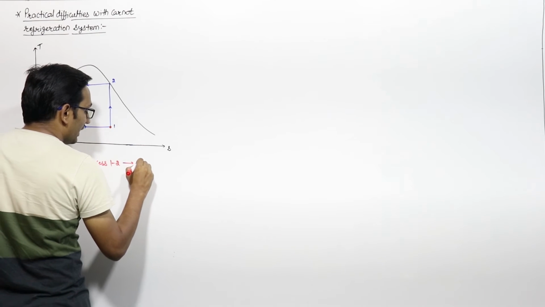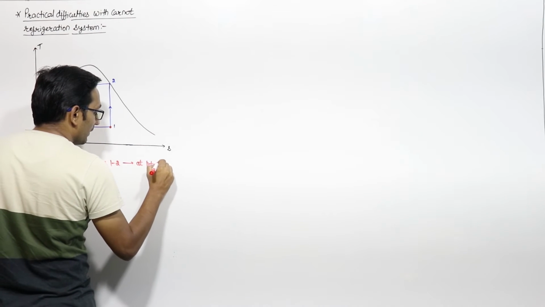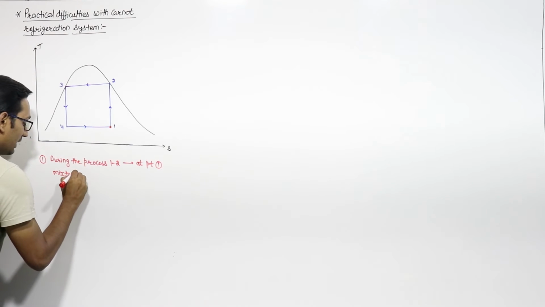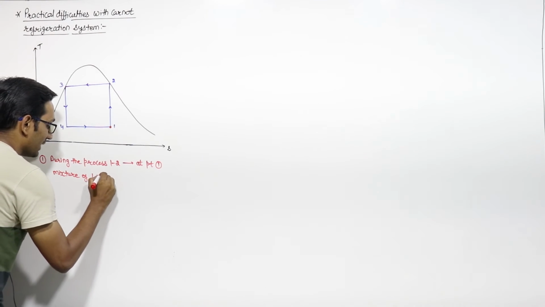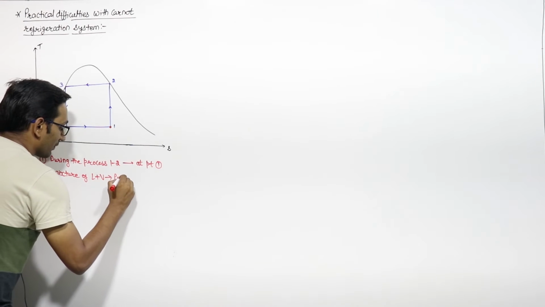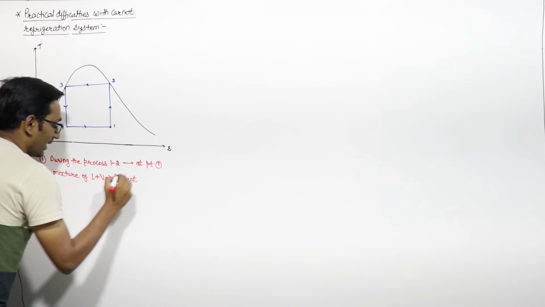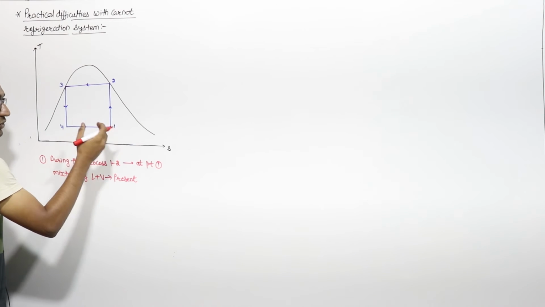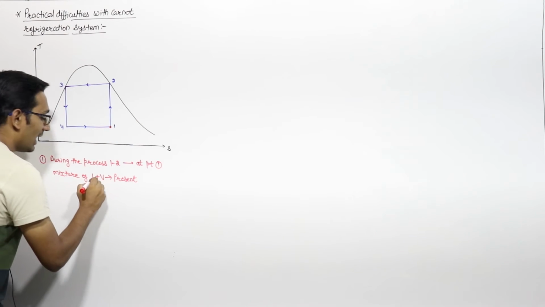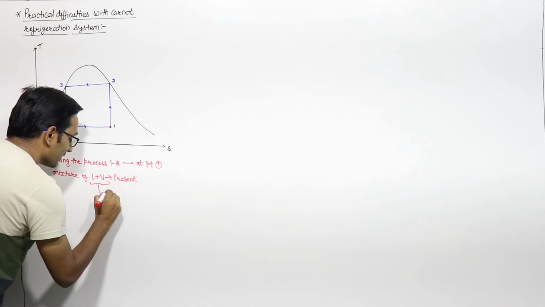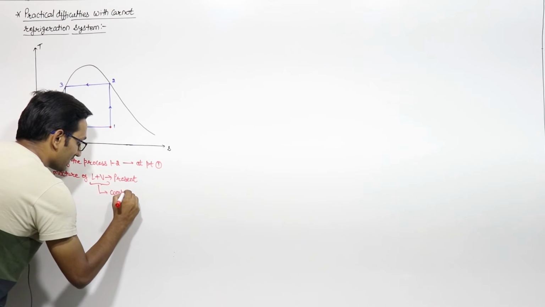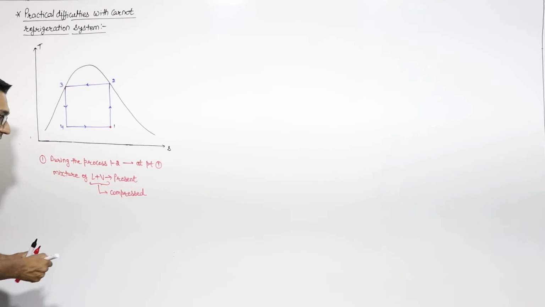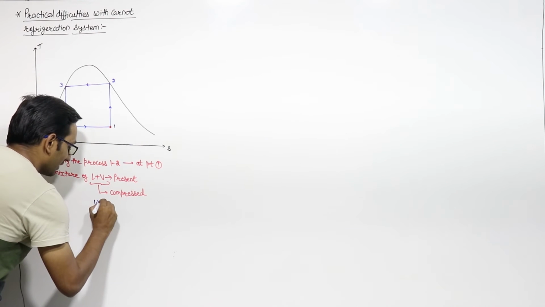Liquid plus vapor is present. And the compressor used in this process 1 to 2 will have to compress this liquid plus vapor, and this compression of liquid plus vapor is known as wet compression.